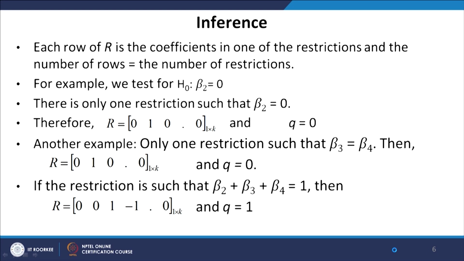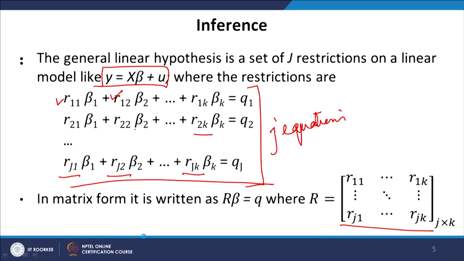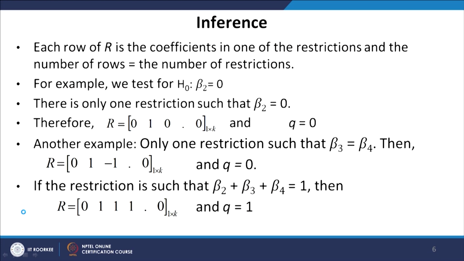Each row of R is the coefficients in one of the restrictions, and the number of rows equals the number of restrictions. You can see that each row, that is R11, R12 to R1k, is one restriction. For example, we test the hypothesis beta 2 equals to 0. There is only one restriction, such that beta 2 equals to 0.